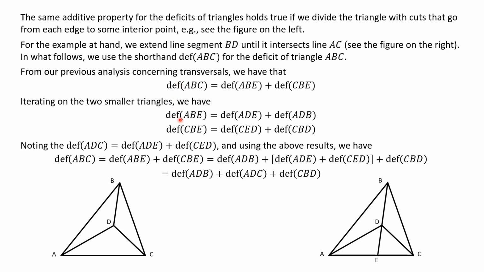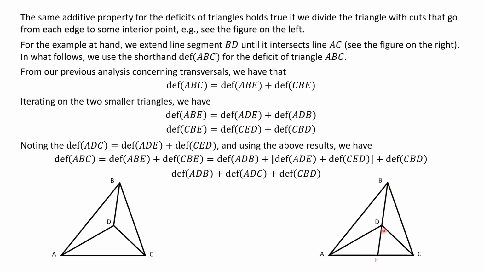Then we can write down the deficits of the smaller triangles, ABE, in terms of this triangle and this triangle. We already know what that is from what we proved on the previous slide: the sum of the deficits of ADB and ADE equals the deficit of AEB, which is what I wrote here.